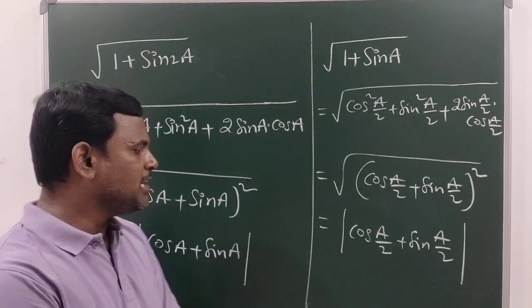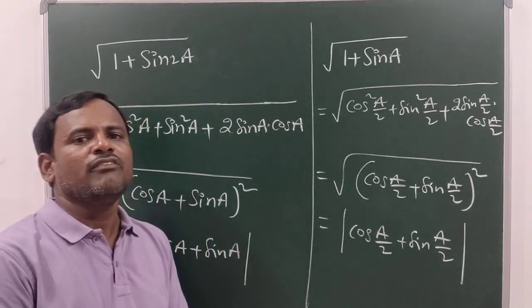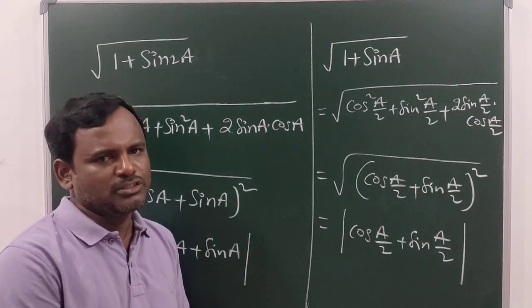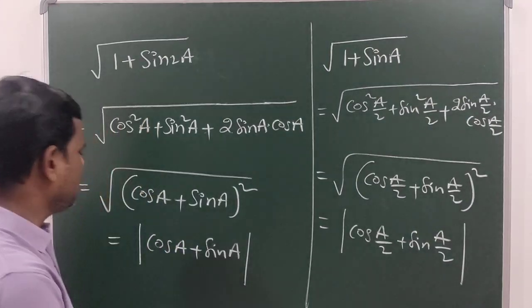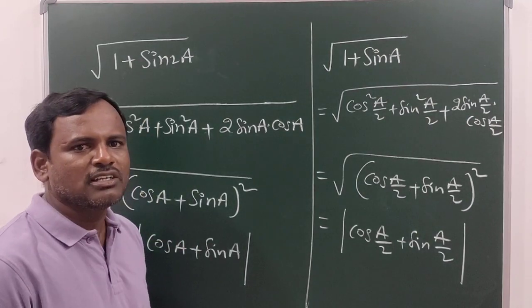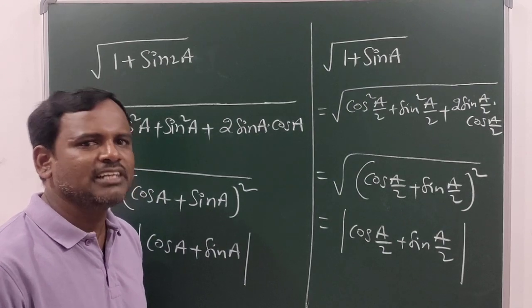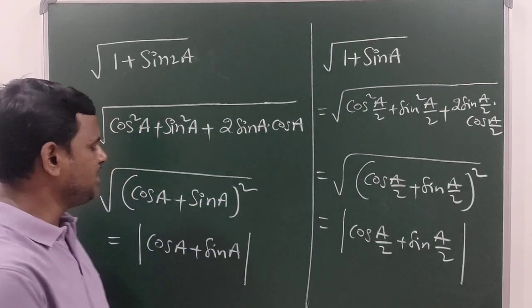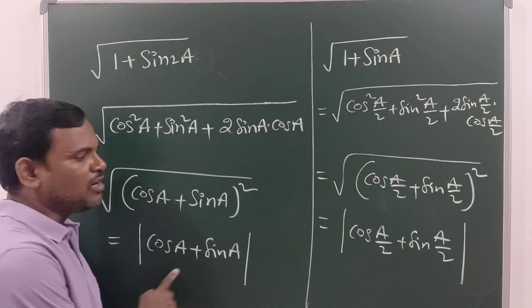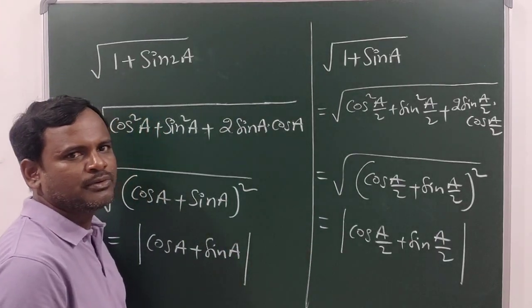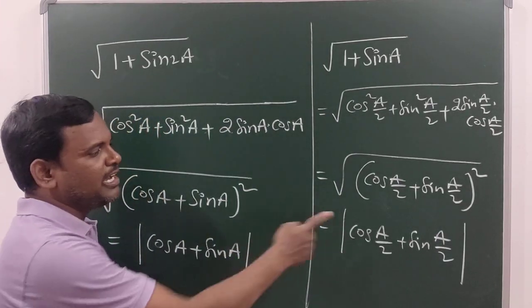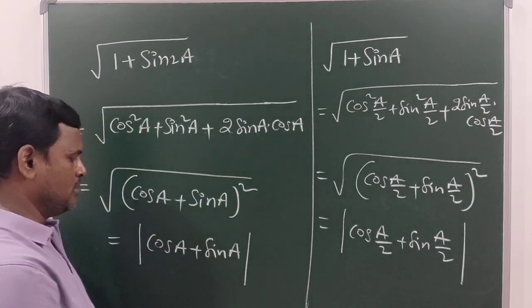If any applications are given based on this, how do we have to answer? Now I explain you. What is the name of this concept? C+S and C-S. C means either cos a or cos a by 2, and S means sin a or sin a by 2.